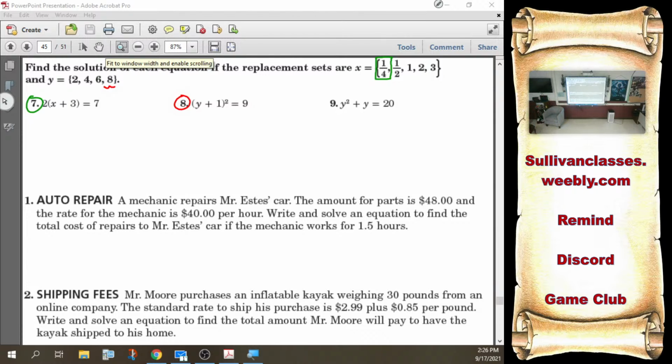I want you to plug them in and see, are those true? Are those actual solution sets? Are those numbers solutions to these open statements? If I plug those numbers in, will it make it true?